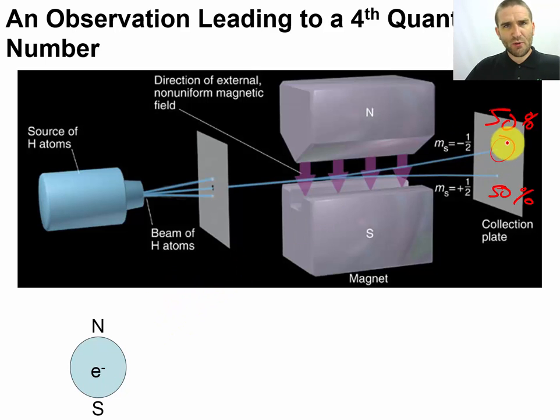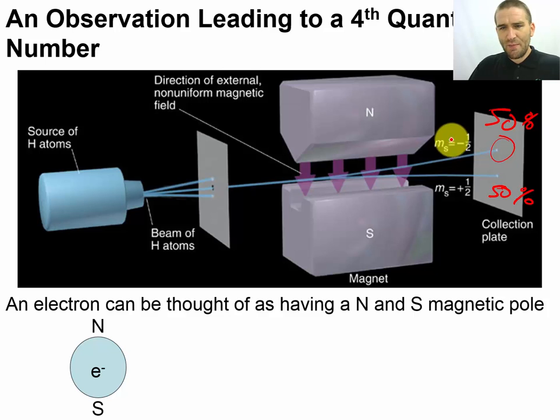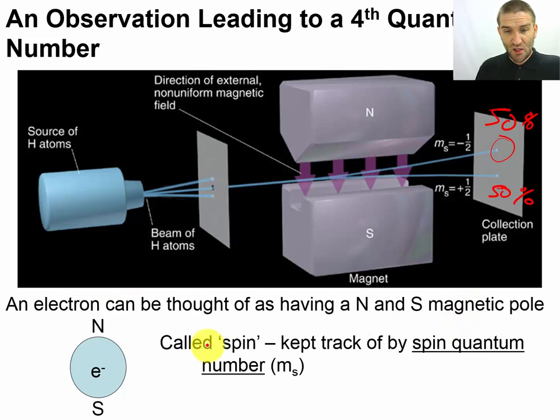Well, we have a quantum number to explain that, and that's called m sub s. It's m sub s for spin. So you can see it's going to have a magnetic pole, at least we can think of it like that, called spin. It'll be called our spin quantum number m sub s.